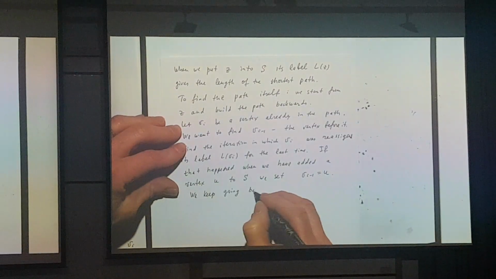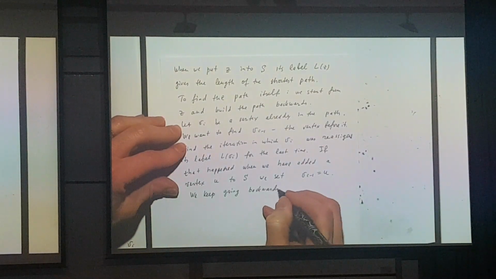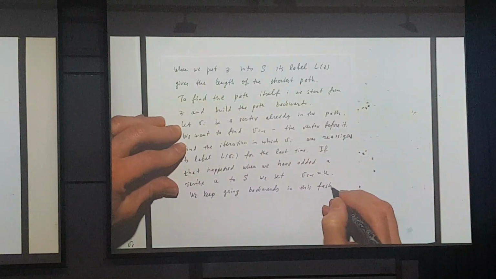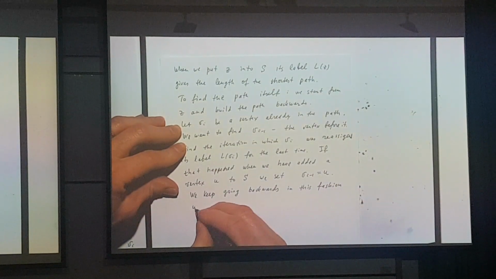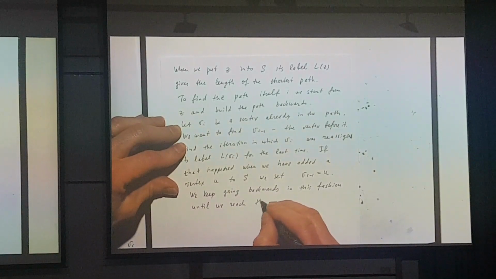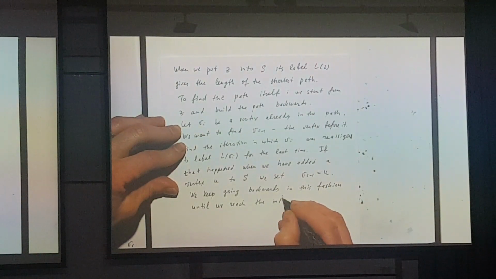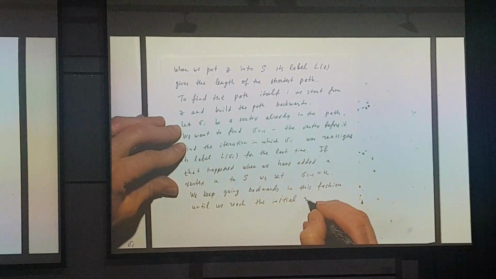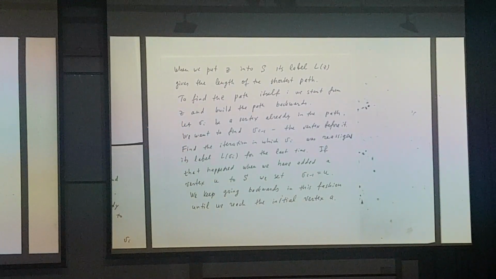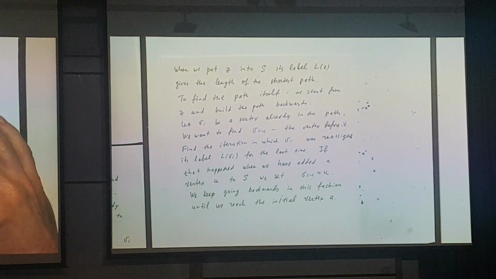We keep going backwards in this fashion until we reach the initial vertex A. So how does it look for this graph?